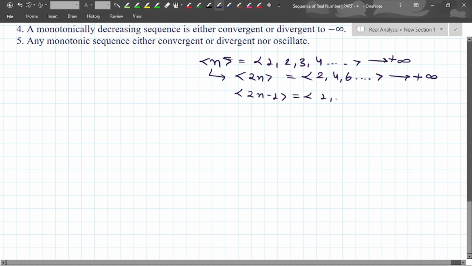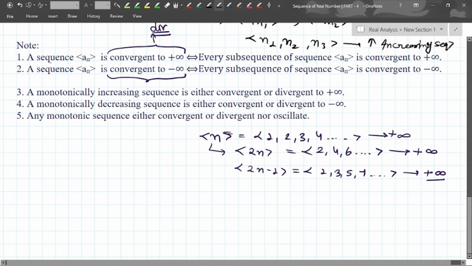If I take 1, 3, 5, 7, it is also going to positive infinity. This is what we are understanding here. If we take minus n, it is going to minus infinity, and all the subsequences of minus n will go to minus infinity.